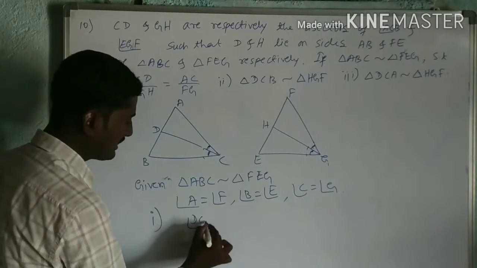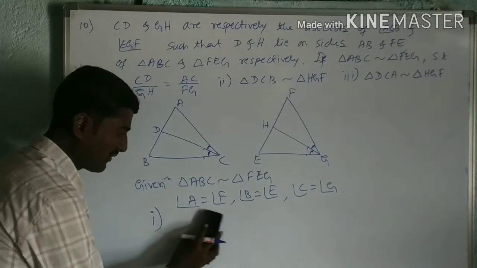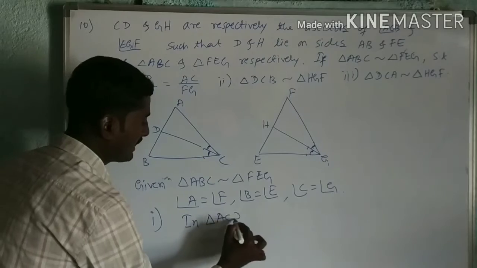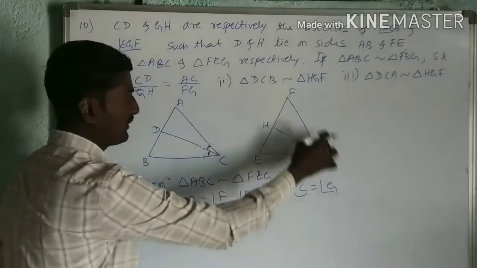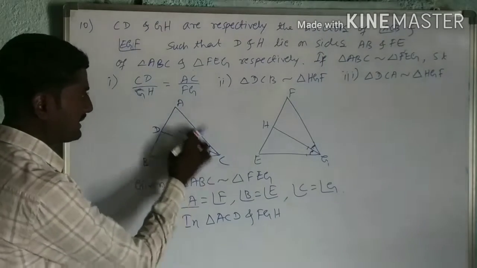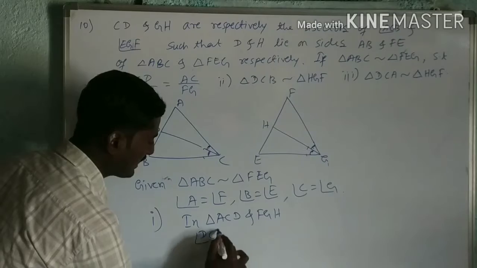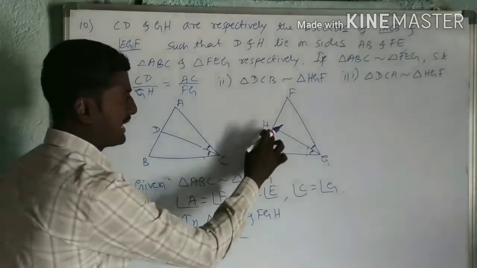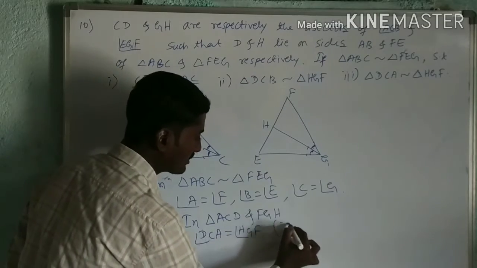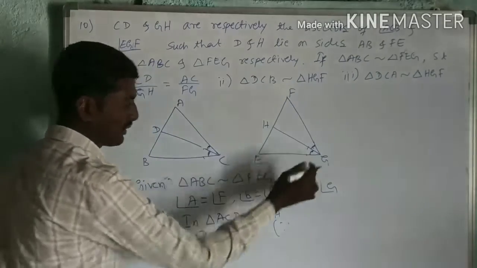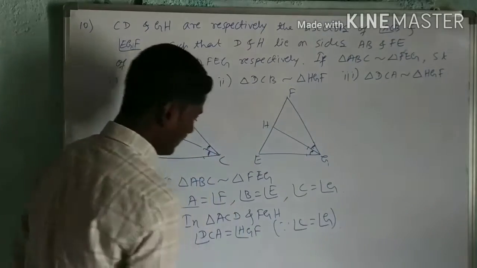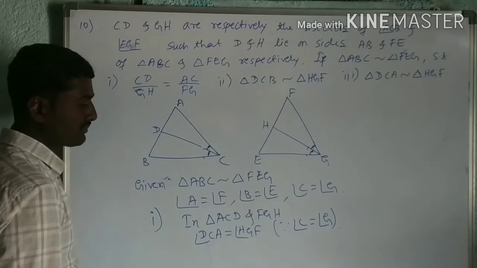First I will mention in triangle ACD and another triangle FGH, angle DCA is equal to angle HGF, because angle C is equal to angle G, they have given it. First condition, one angle I got.